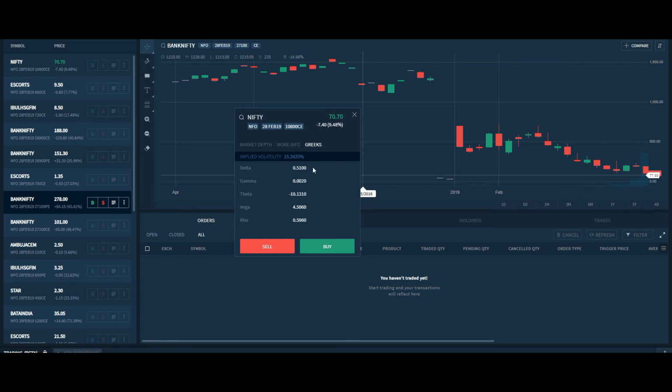So it's always better we close the options within maybe two days at most, is my suggestion, because theta plays an important role. And for option sellers, you have to look at this particular figure, which is very important. If you trade on the basis of this, you'll always gain huge money.